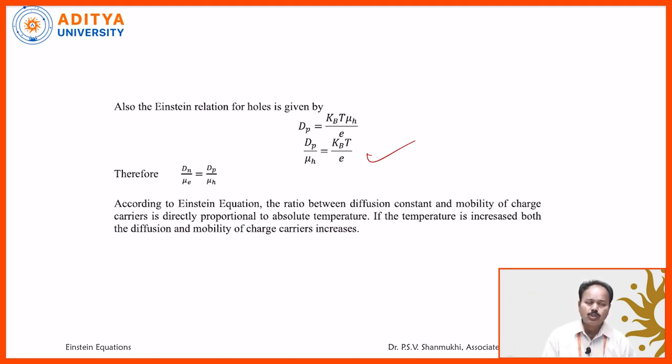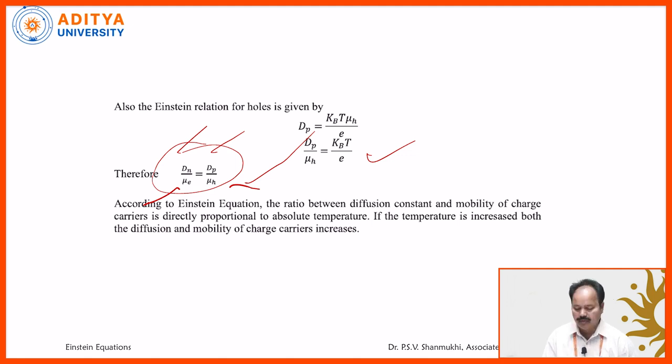From these two equations, we write Dn/μe equal to Dp/μh. This is known as the Einstein equation, giving the relationship between the diffusion coefficients of electrons and holes. Dn is the diffusion coefficient of electrons, Dp of holes, and μe, μh are the mobilities of electrons and holes.